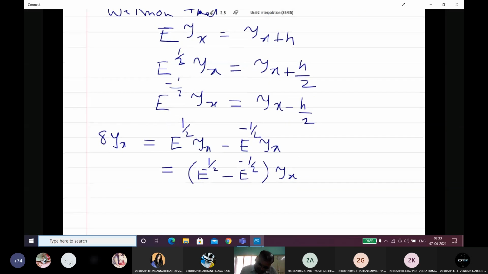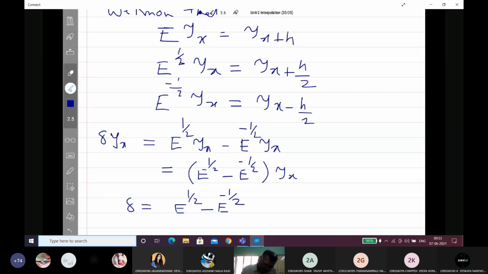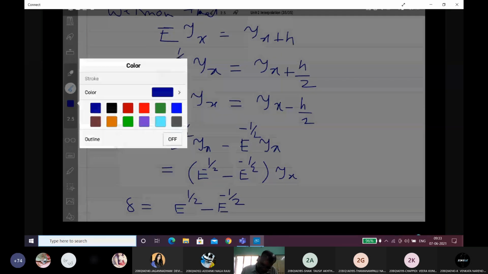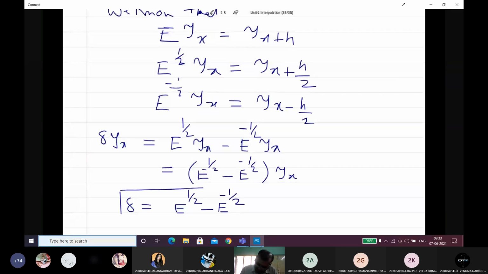Therefore, delta is equal to E power half minus E power minus half.